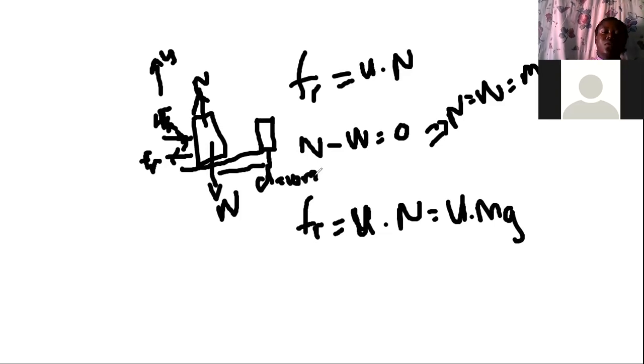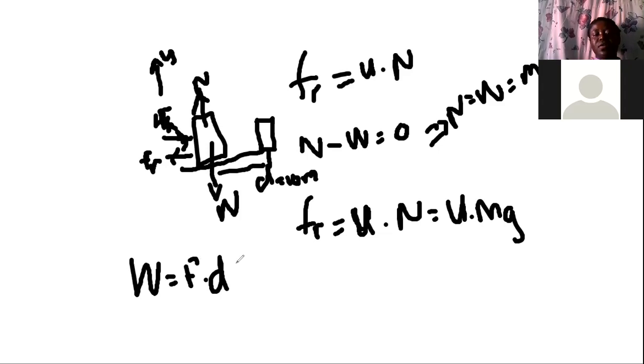Okay, so which means the work done, remember our equation, it says the work done equals to the force times the distance, the displacement, because since these forces are parallel, we don't need to worry about that.